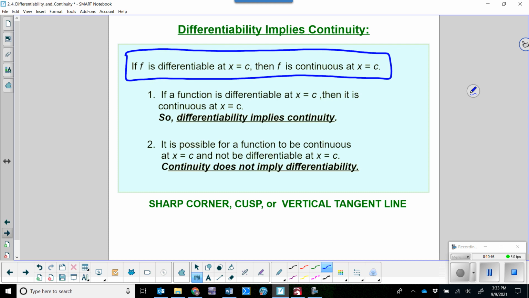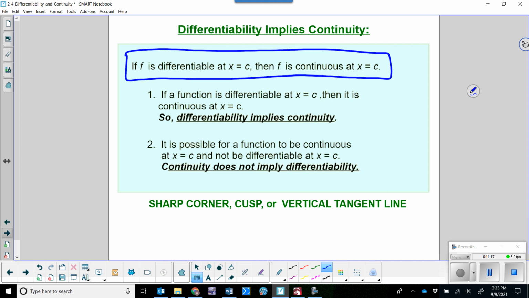They may not tell you a function is continuous, but they might tell you a function is differentiable, at a specific point or everywhere. You can then imply that f must be continuous. This theorem is only true in this direction: if f is differentiable, then you know f must be continuous. Now that's not actually that hard to think about.